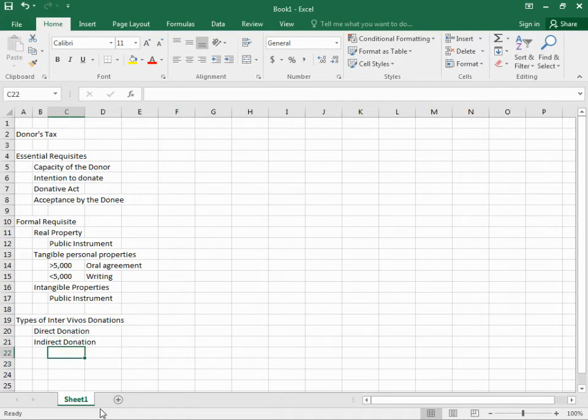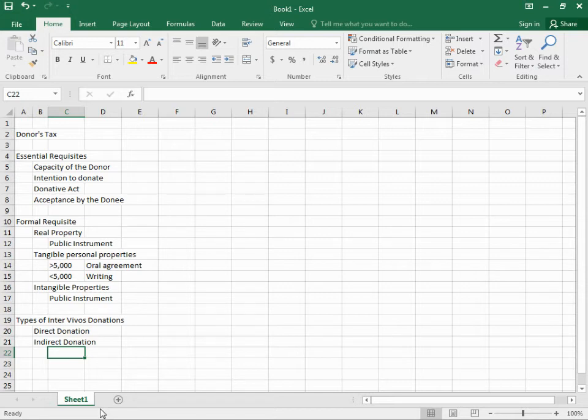Sa indirect donation. Okay? So, kapag yung indirect donation natin is revocable, ibig sabihin pwedeng umatras yung donor. Ibig sabihin, hindi pa perfected yung donation. Okay, hindi pa siya completed.